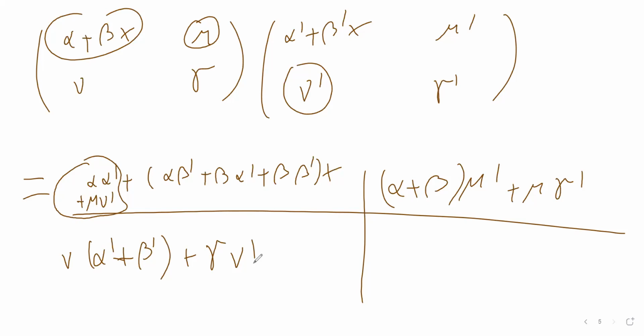Okay, and then now finally, you just have what? It's mu times mu prime plus gamma prime. And again, it's in the field. Okay.